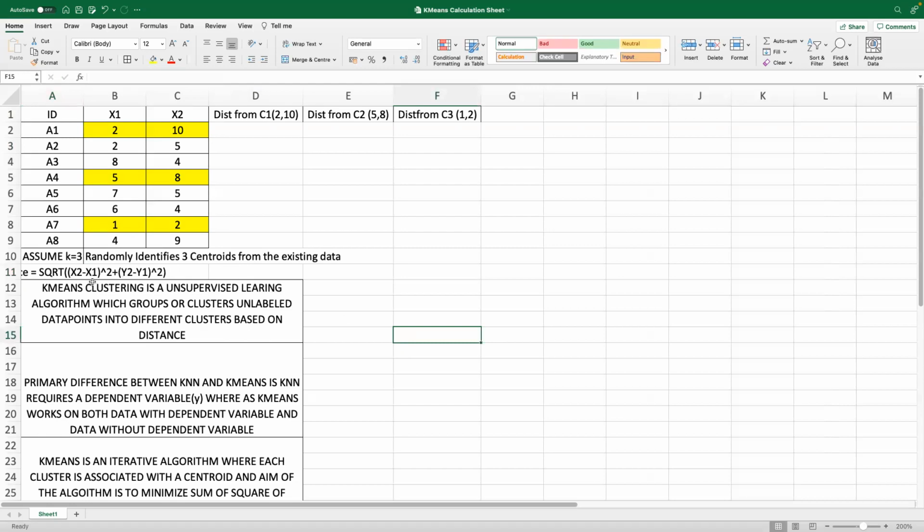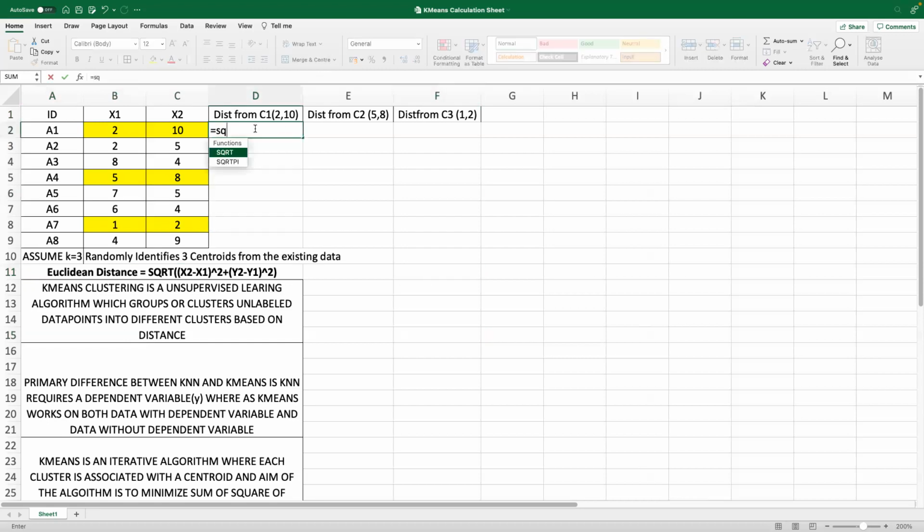So we will use Euclidean distance as the metric for calculating the distance.